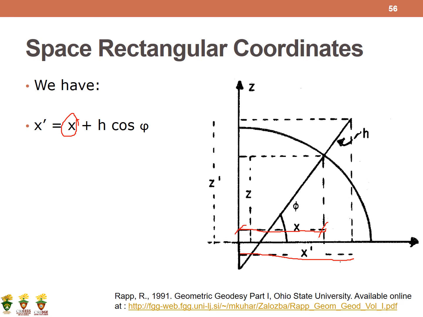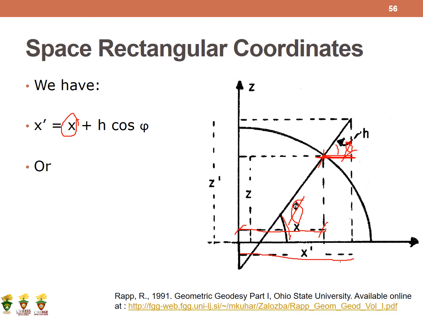We need to get the additional value, which is this one. Since this angle is theta, this is also theta, therefore the additional value is just equal to h cosine, since it is adjacent, of the geodetic latitude.